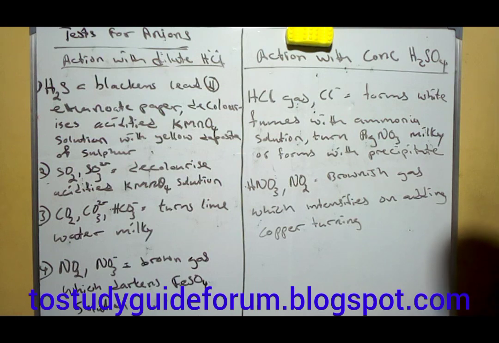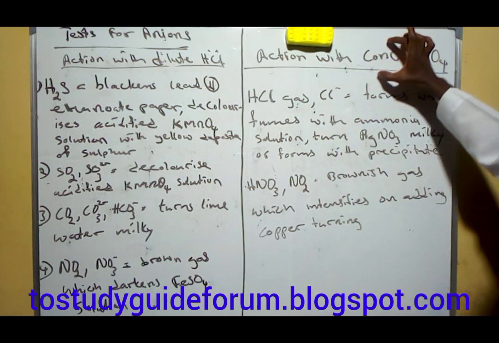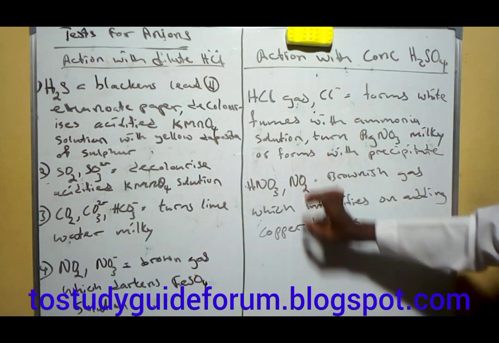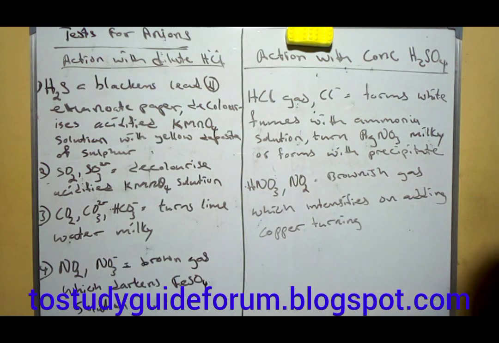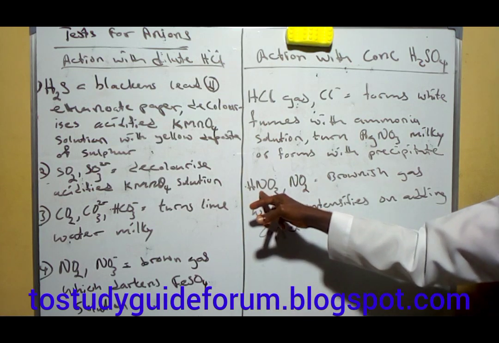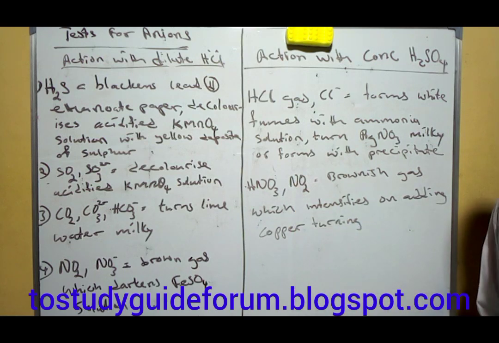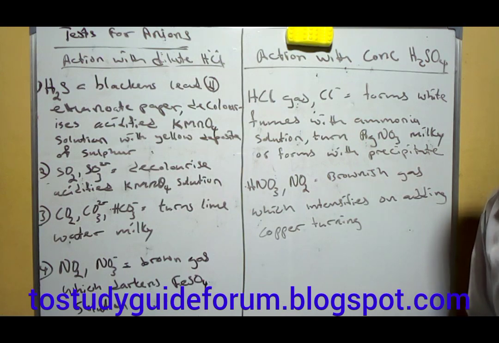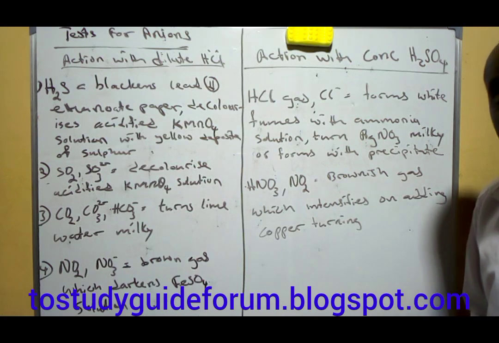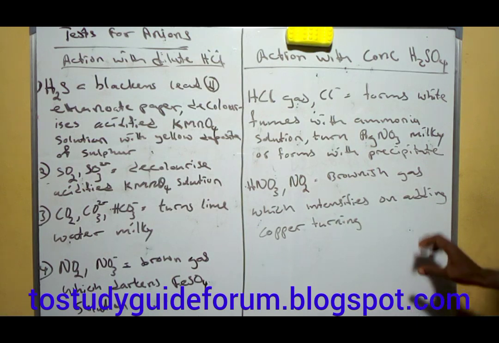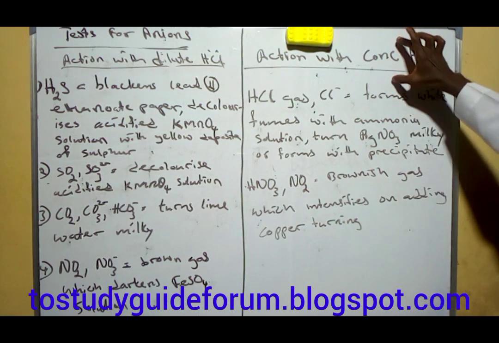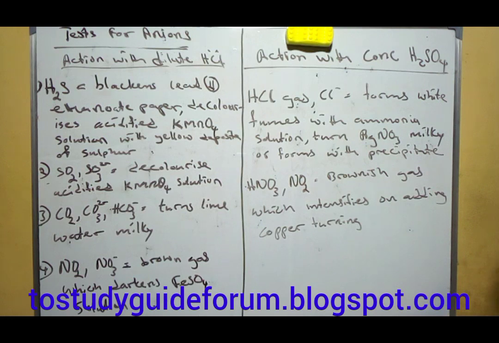So the next one we have here, we talk about concentrated acid. You heat any compound that contains nitrate, trioxonitrate 5 compounds will liberate nitric acid or nitrogen 4 gas, which is always brown in color. This effect can be intensified by adding copper turnings.